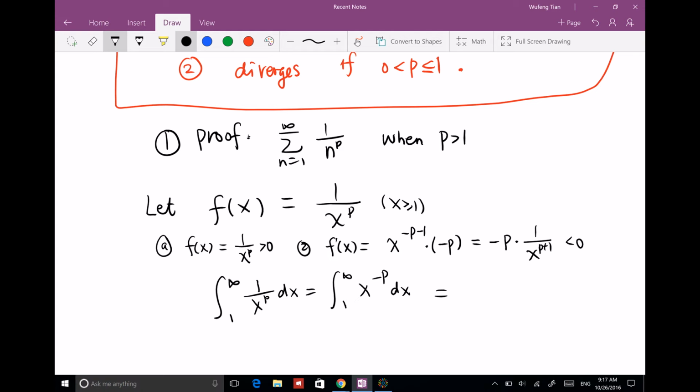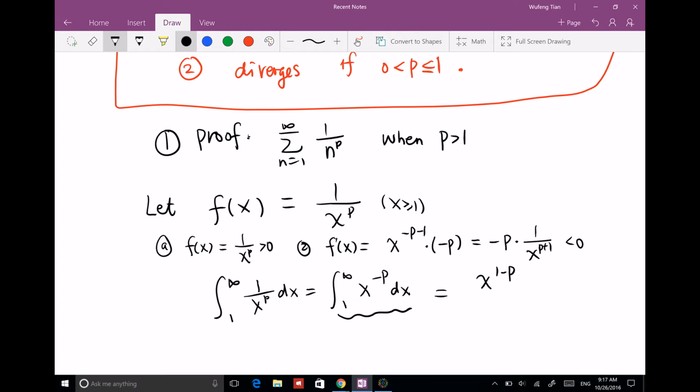I would like a student to tell me here what is the antiderivative of this one? X to the power 1 minus p, over 1 minus p.